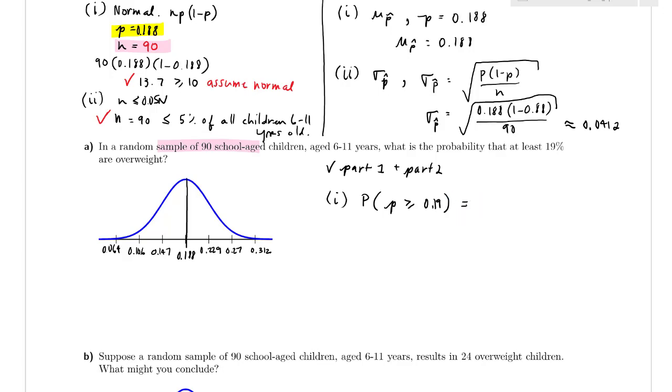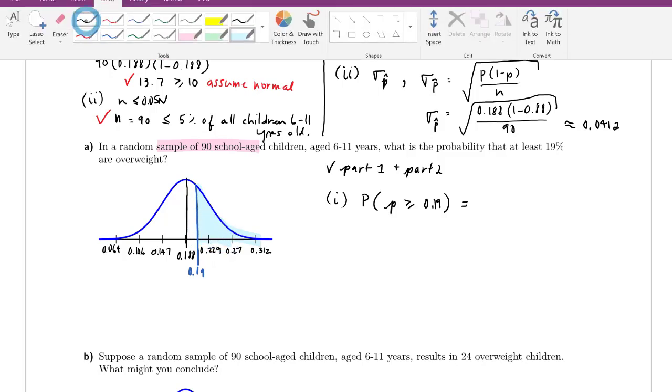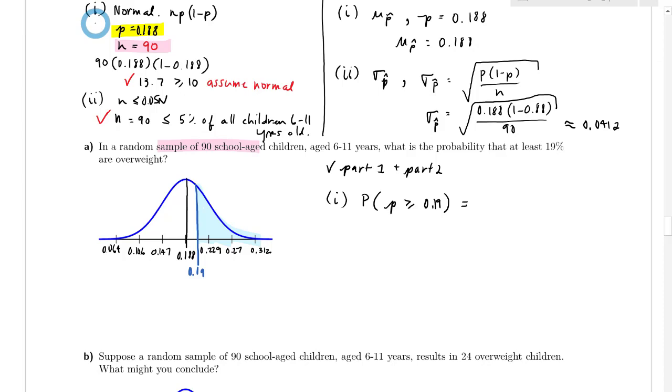Well, we have the tick mark, so we can draw this. 0.19 would be pretty close to that mean, right? Let me go ahead and shade that in. At least would be to the right, because at least means greater than or equal to. It actually ends up being the same exact normal CDF because it's a normal distribution.